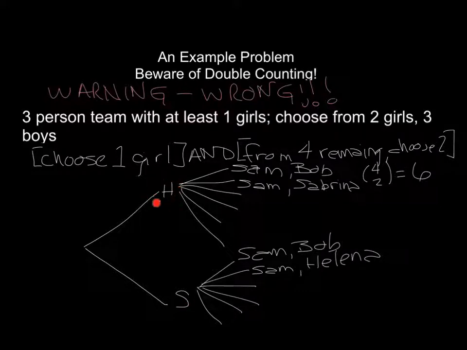And then we did go ahead and select Helena. Once we selected Helena, though, we reconsidered Sabrina again. We put her back into the pool for consideration for selection again. So that was the mistake. Once you select here, you don't want to have Sabrina being reconsidered. Similarly, once you've selected Sabrina, you don't want Helena to be reconsidered because then you get this kind of crossing over.